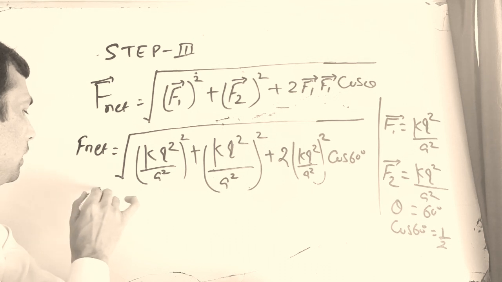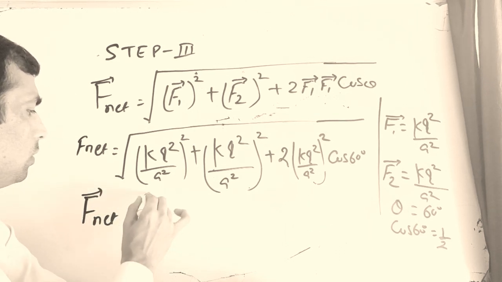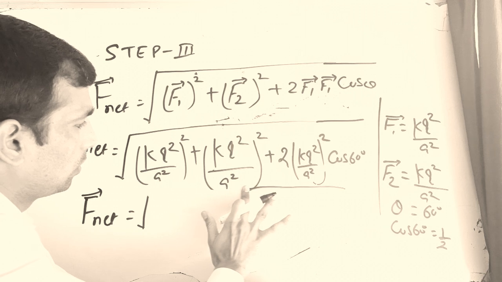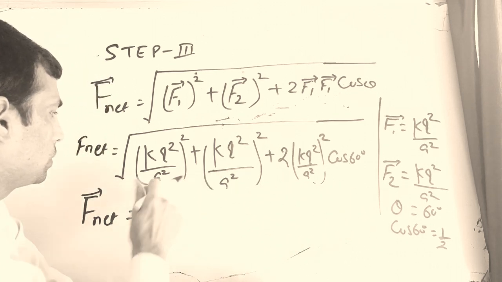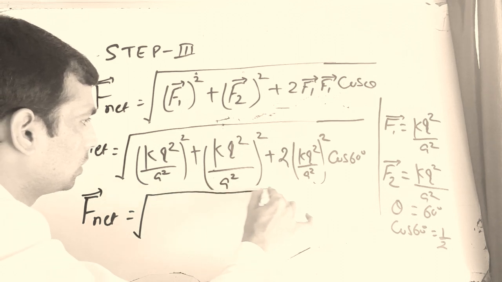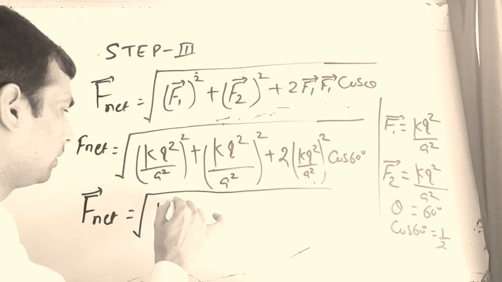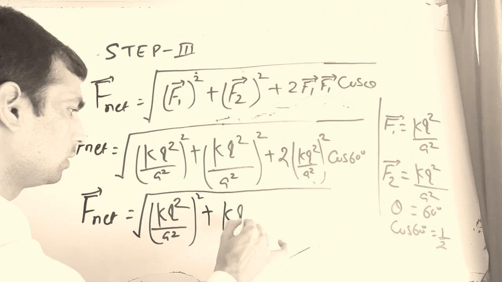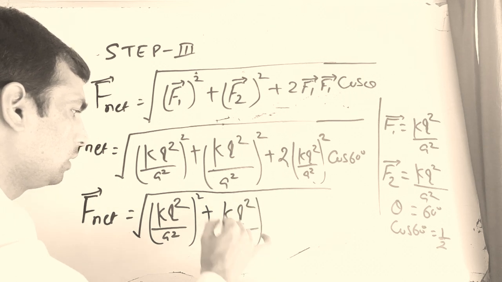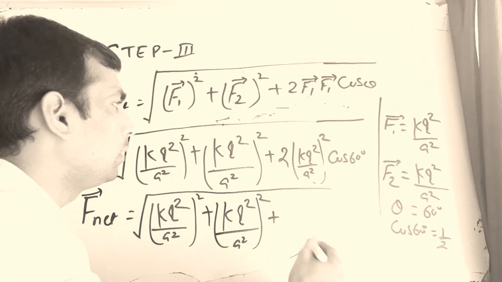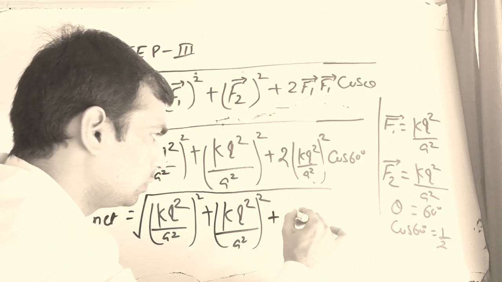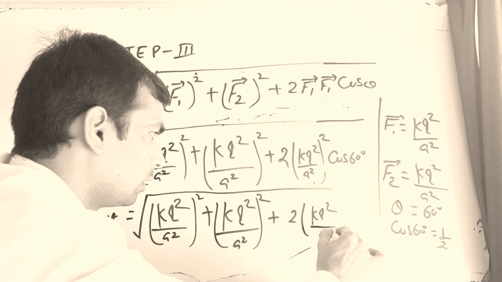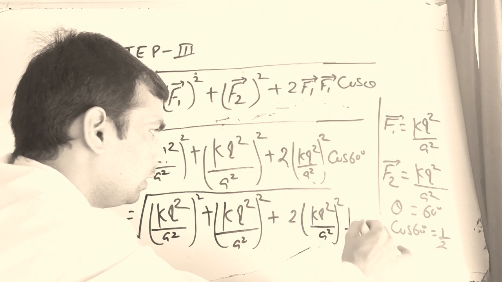So this is what F net, right student? This remains the same: KQ square upon A square whole square, plus KQ square upon A square whole square, plus, this is what, cos 60, that is 1 by 2 into KQ square upon A square whole square into 1 by 2.